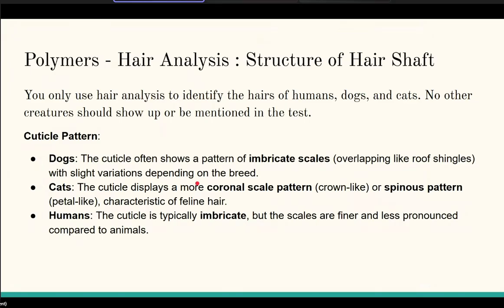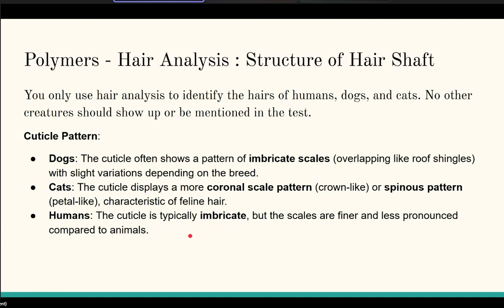There'll be a picture later to show it, but it's sort of like scales. Unlike cats, where there's a pattern, dog ones are not really a pattern, just sort of random.